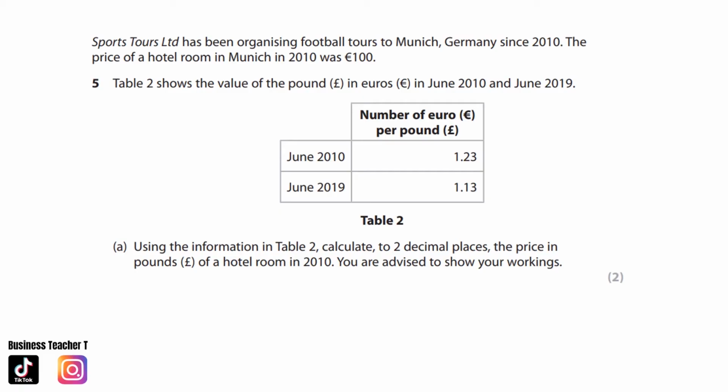Using the information in Table 2, calculate to 2 decimal places the price in pounds of a hotel room in 2010. You are advised to show your workings. So what we need to do there is take the €100 and divide it by 1.23, and our answer is £81.30.